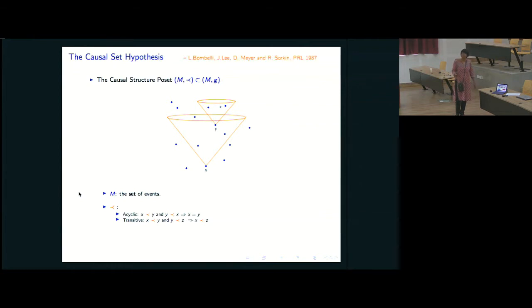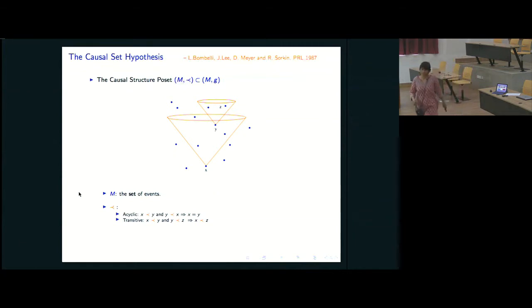This relation, which I write as x precedes y, is the causal relation, and it has the property that for a causal spacetime it is acyclic, that is, it can't precede itself, and it is also transitive, which means that if x precedes y and y precedes z, then x precedes z. These are just two very simple conditions, and that makes this object a partially ordered set.